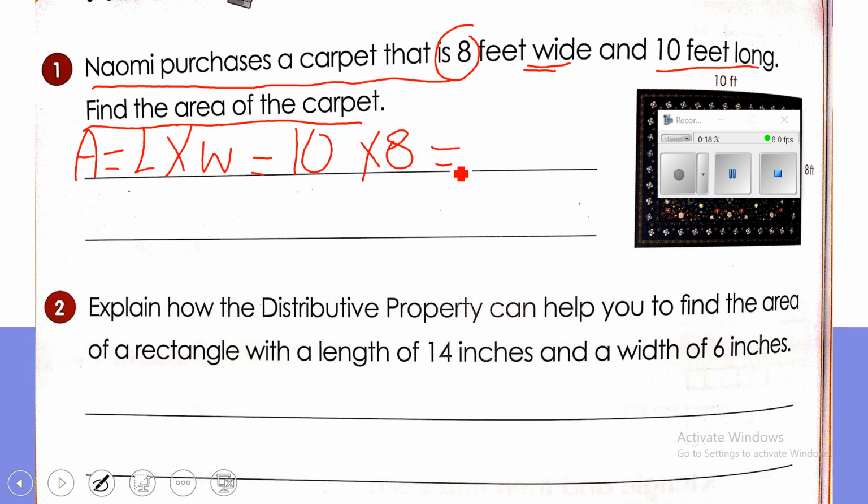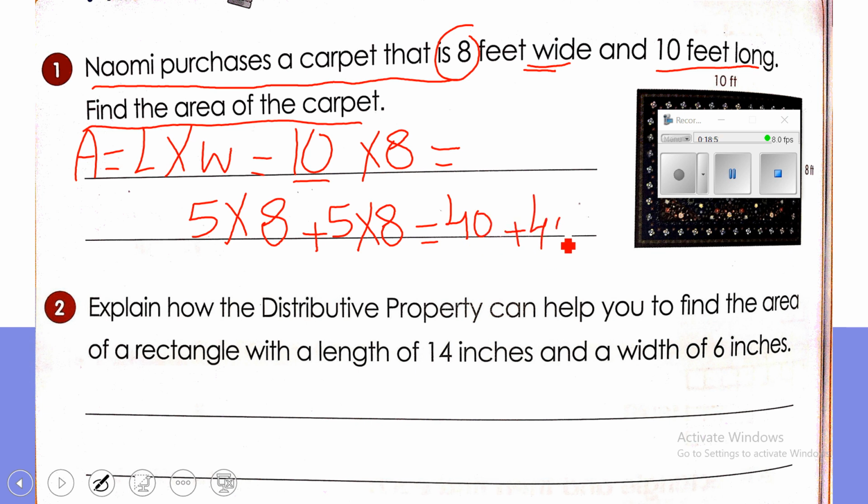You can write it directly as 80, or you can say 10 means 5 multiplied by 8 plus 5 multiplied by 8. 5 times 8 is 40, and 5 times 8 is 40. The answer is 80. What about my unit? Here I have feet, so the unit is square feet.